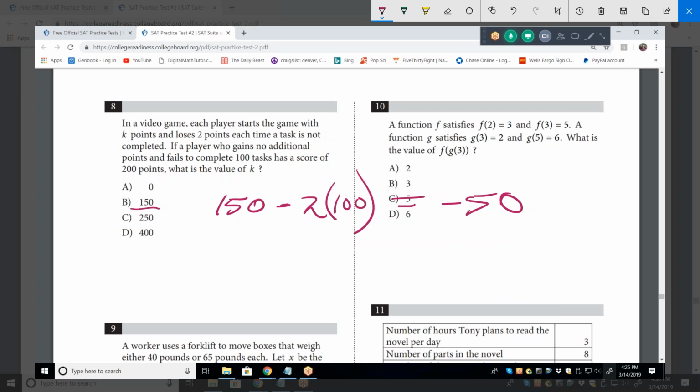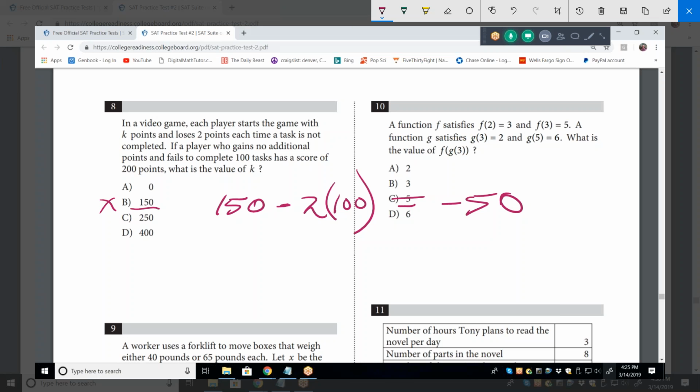So I know B is wrong, but what else do I know? Do I need a bigger number or a smaller number? You need a bigger number. Yes, and most of these problems are like that, where when you choose to back solve it, you're going to know whether you need a bigger or a smaller number.